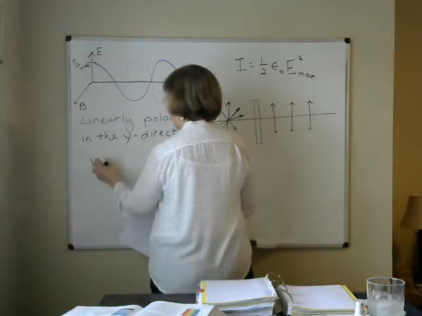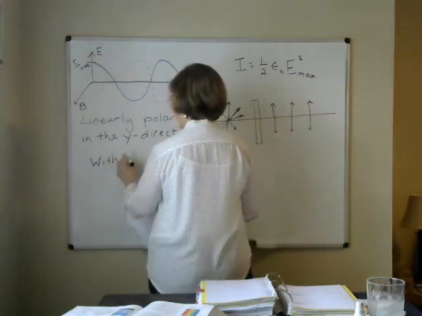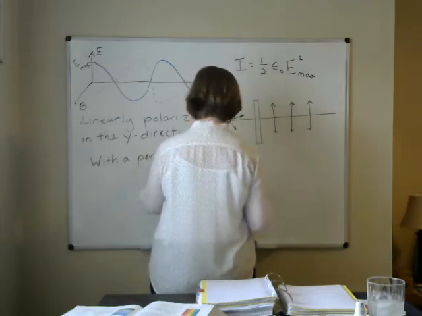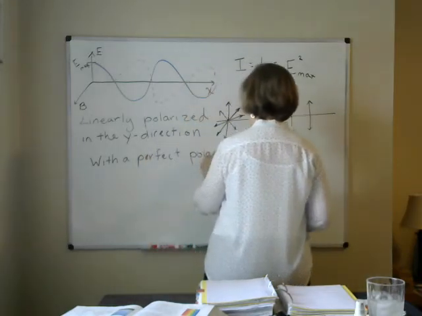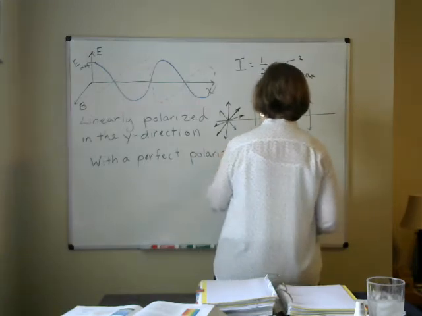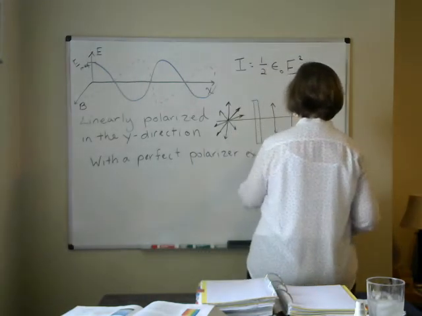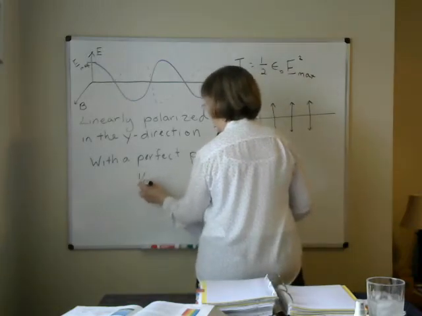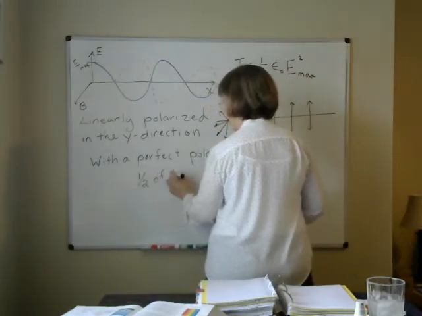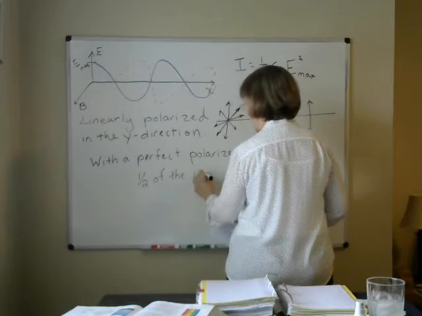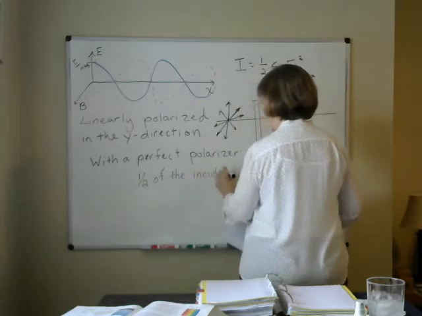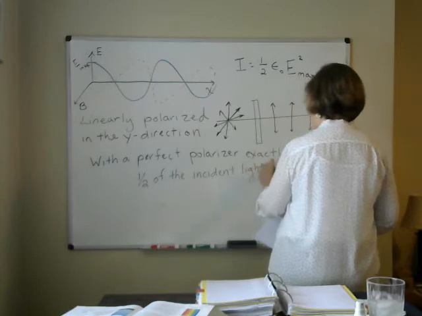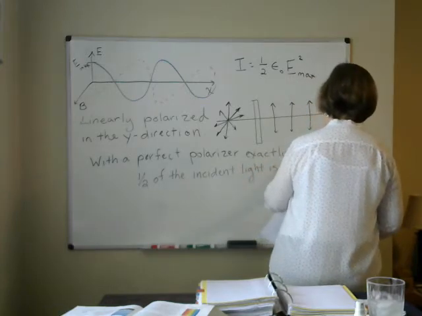With a perfect polarizer, exactly 1/2 of the incident light is transmitted.